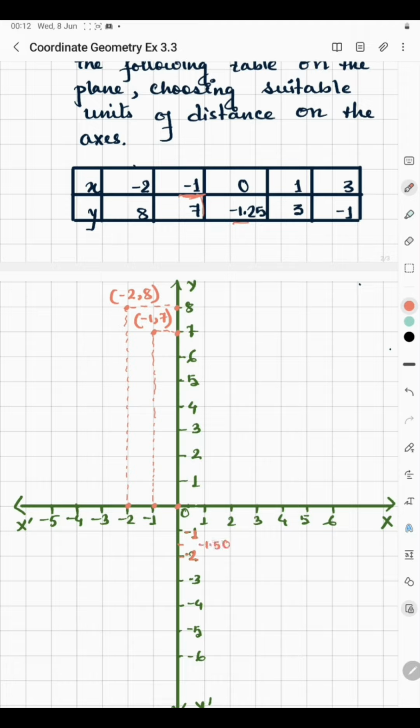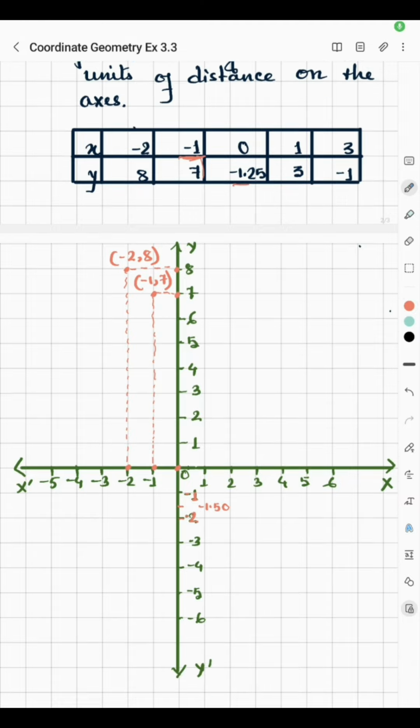-1.50 lies, right? And if you take half of -1 and -1.50, then you'll get -1.25.